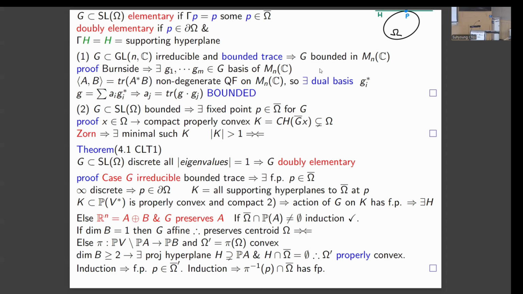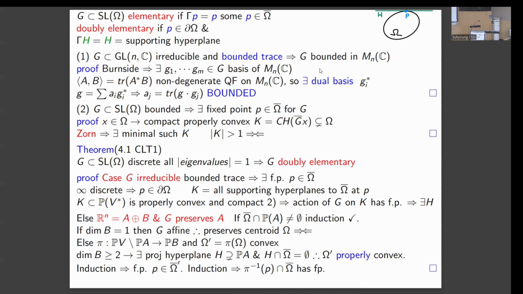And the reason is that because B's got dimension 2, there's a projective hyperplane, codimension 1, that contains the projectivization of A strictly. And that hyperplane doesn't meet the closure of omega.